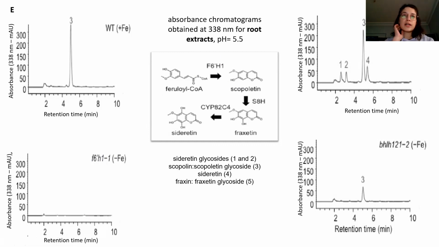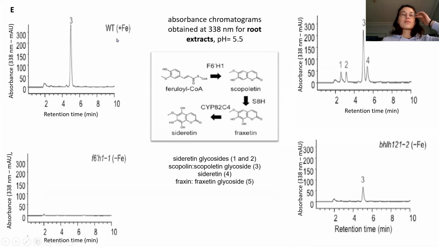For this part, I searched a little extra and found an article. They say scopoletin, fraxetin, and cystatin are found as glycosides in the roots. Glycosidic forms are actually inactive forms, and we expect to see glycosidic forms here. The deglycosylation likely occurs before their export to the rhizosphere.